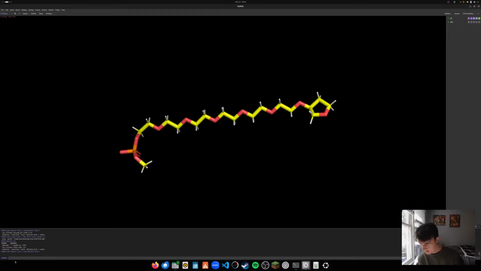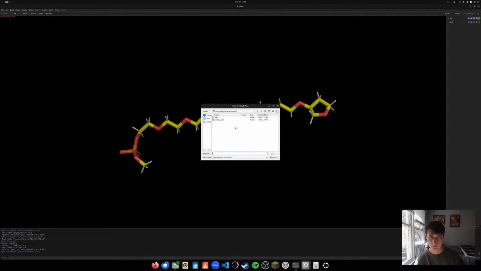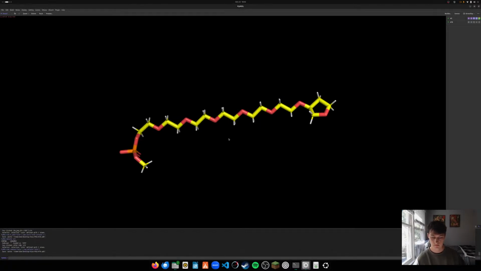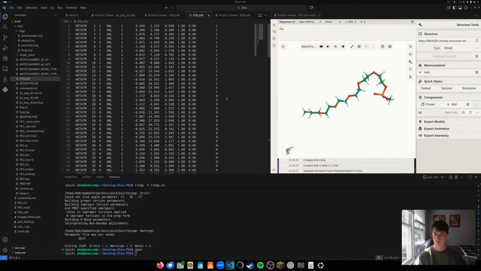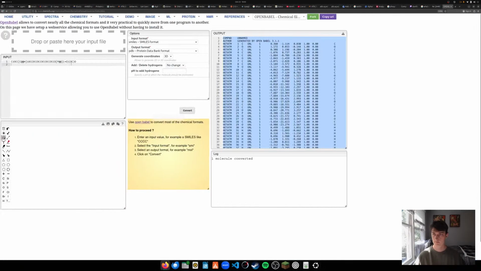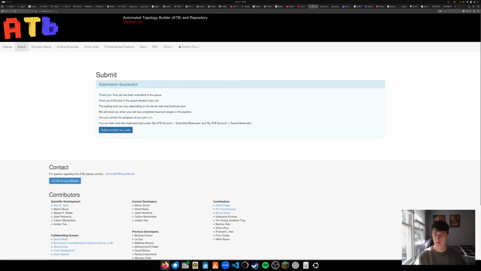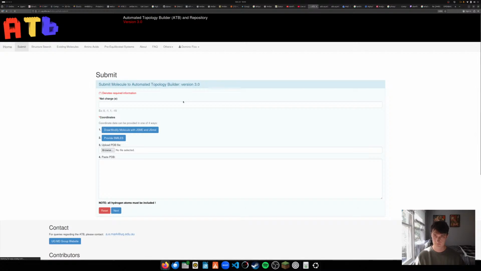Okay. And we'll do file, export structure, export molecule, save, PDB, wait, save. All right, we'll just copy that, submit it to there. One of these has got to work.